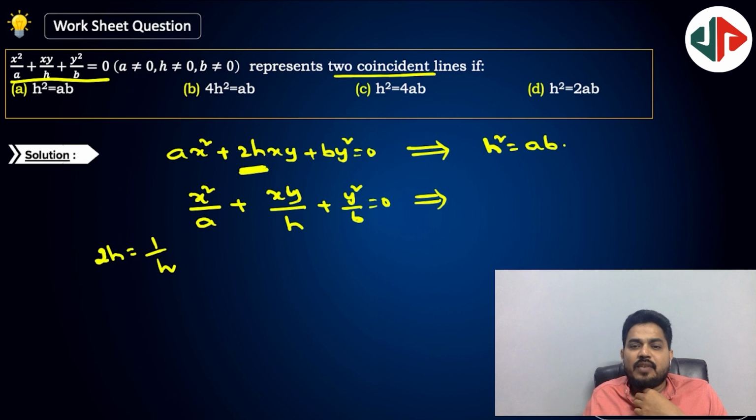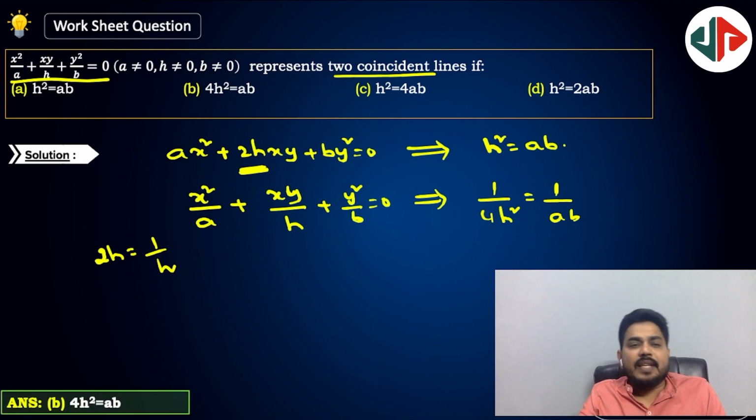So 1 by 4h square is equal to 1 by a. So you are going to get 4h square is equal to ab. 4h square is equal to ab is the right answer.